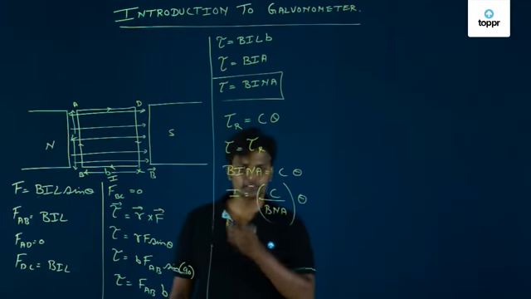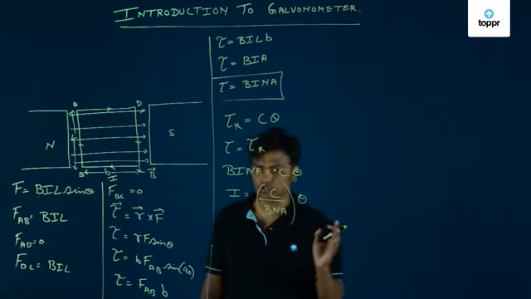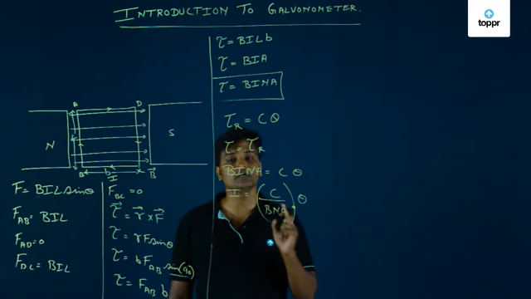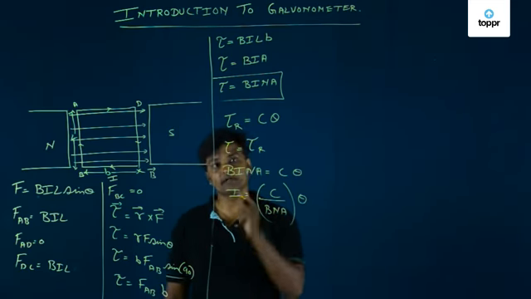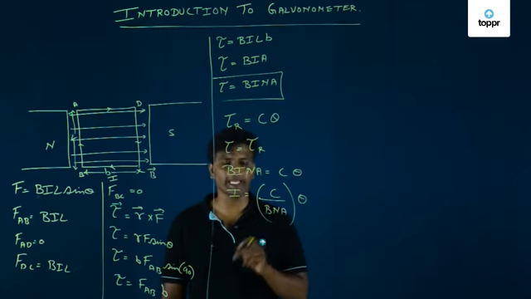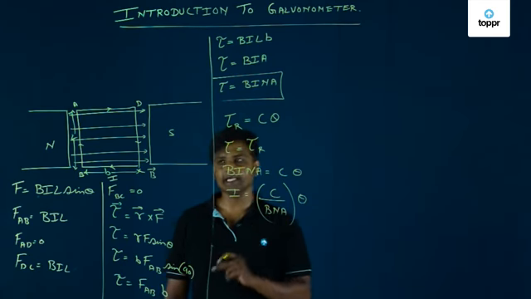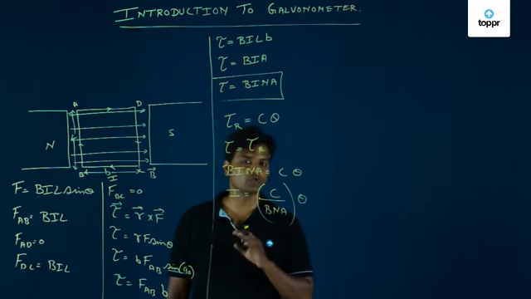Now C is the torsional constant, which is constant. It depends on the material of the helical spring. B is the magnetic field inside the galvanometer, which is constant. N is the number of turns of the rectangular coil, which is constant. A is the area of the coil, which is not going to change.